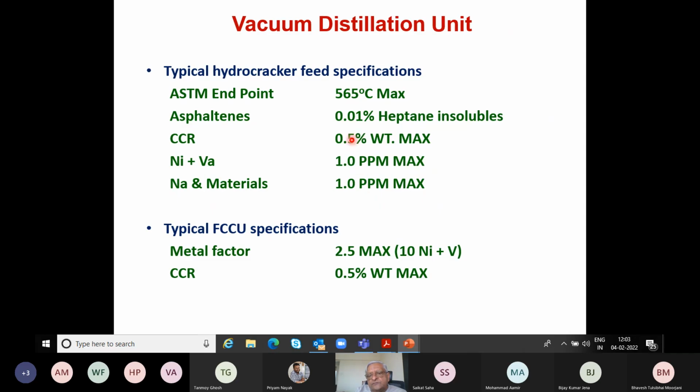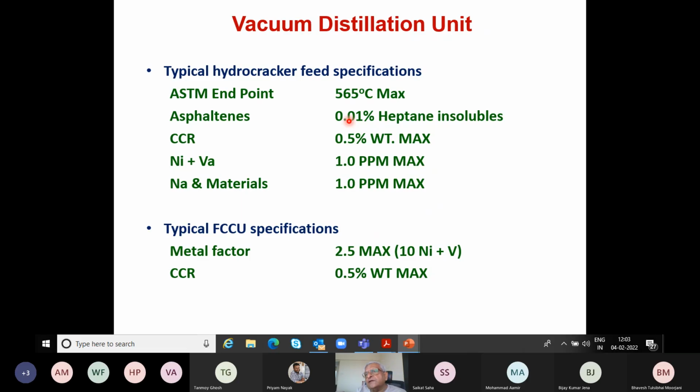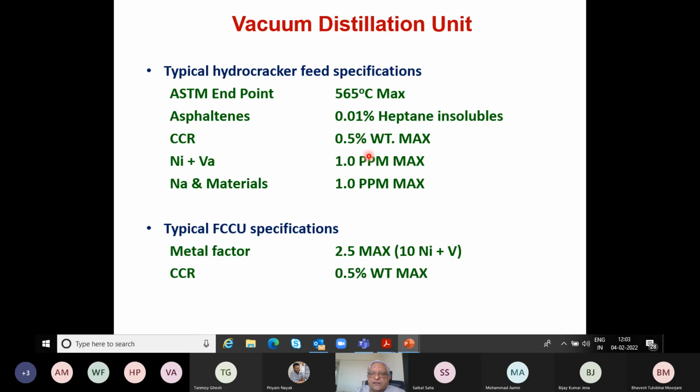So we try to limit the metal content, the condensed carbon residue, and the asphaltene content so that we don't affect the catalyst used in the hydrocracker. Otherwise, the metals will get deposited on the catalyst, and the catalyst will deteriorate. But in order to protect the catalyst, we also have a separate hydro demetallization section, so the metals get separated upfront before the material goes further down.